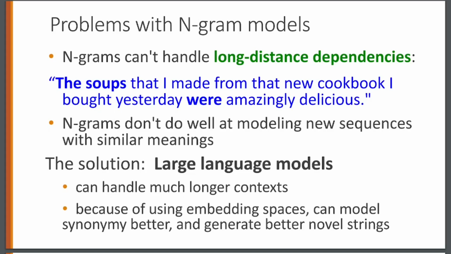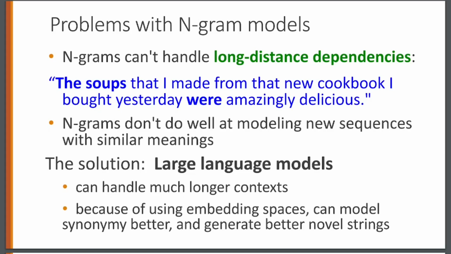And there's still a problem there, right? Let's look at this: "The soups that I made from that new cookbook I bought yesterday were amazingly delicious." And let's think about "the soups" and "were." Those match, right? The verb "were" needs to match with that plural noun, "the soups."